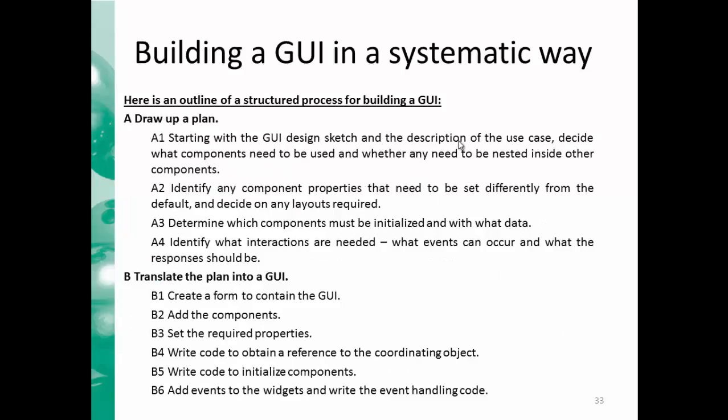All this will be taken into account, and to implement it you have to have a systematic way, and we may divide it into 2 steps. First, you need to draw up a plan, and then you translate that plan into a graphical user interface.